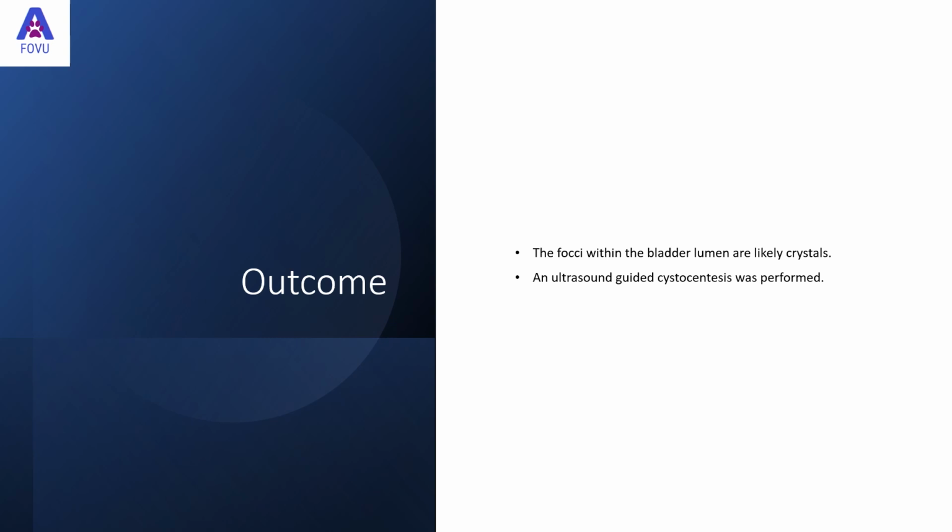They're mineralized, they're causing an acoustic shadow. An ultrasound-guided cystocentesis was performed, and this is highly recommended when we find this in the bladder. There was no sign of uroliths, but to get an accurate diagnosis and to decide what diet might be necessary, what treatment ongoing might be necessary in this case, an ultrasound-guided cystocentesis was the required step.